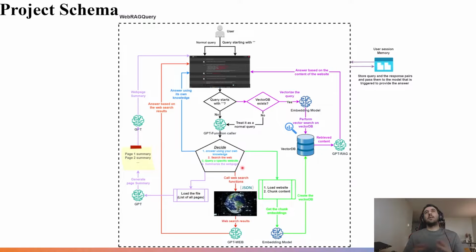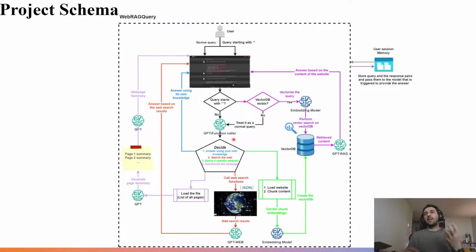So let's see how the first scenario works. The first scenario is when the chatbot decides to use its own knowledge. So I pass a query to my chatbot. That query is going to be passed to the first GPT model. This is probably the most important GPT model because it is the one that distributes the work and chooses the path, at least to 3 of the functionalities.